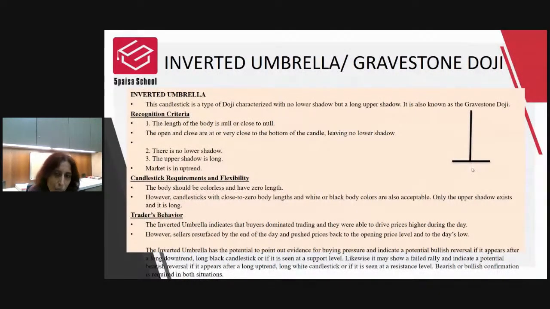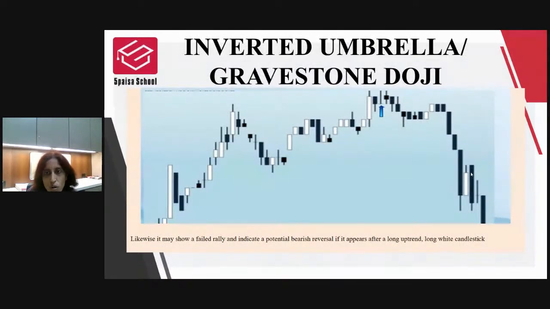So the way we had seen in our previous chart, we really need to confirm by looking at the immediate day after that particular gravestone doji or inverted umbrella doji. That will give you a clearer understanding as to which direction the market is heading.